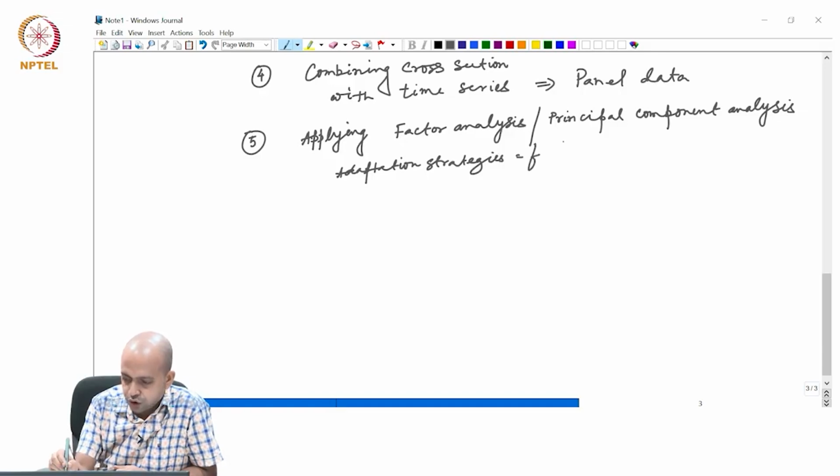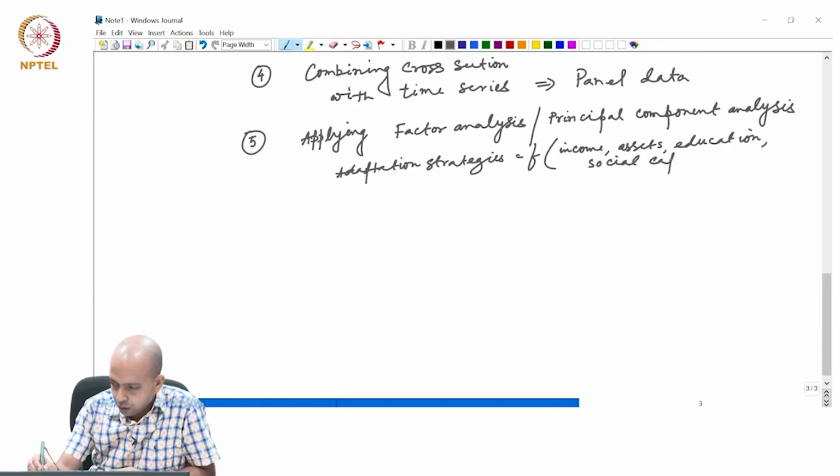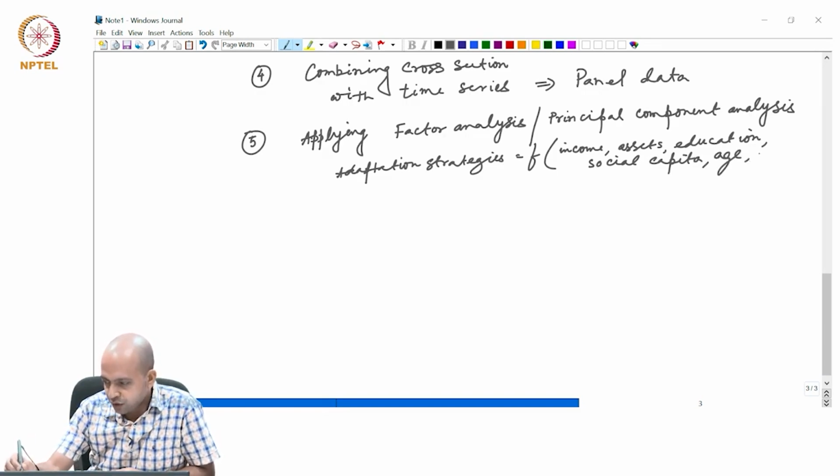which is a function of, let us say, your income, then assets, and then your education, then your social capital, then your age, male, female, so on and so forth.